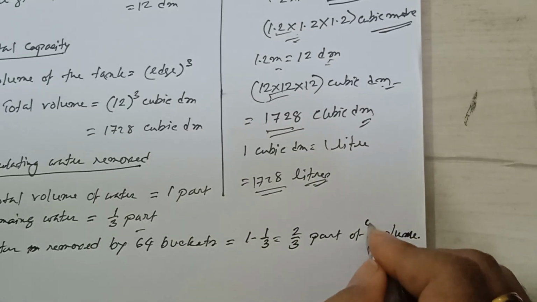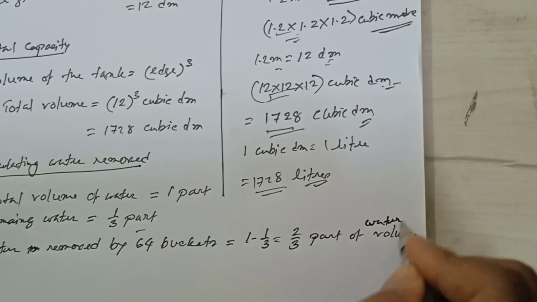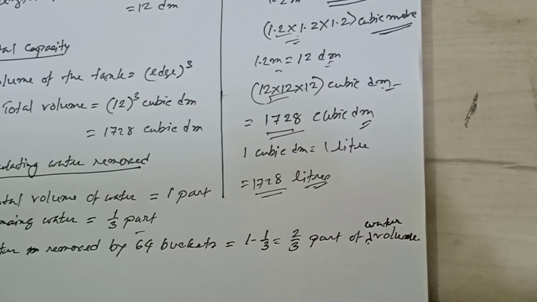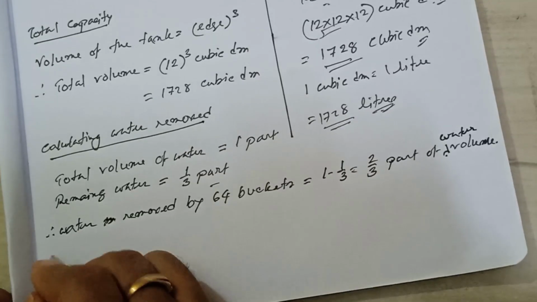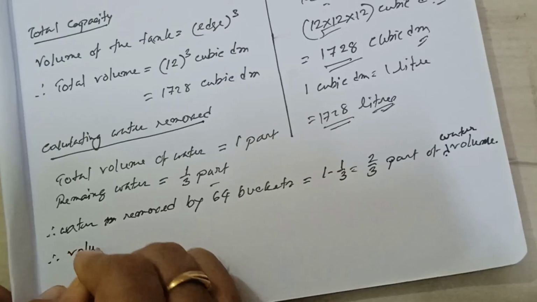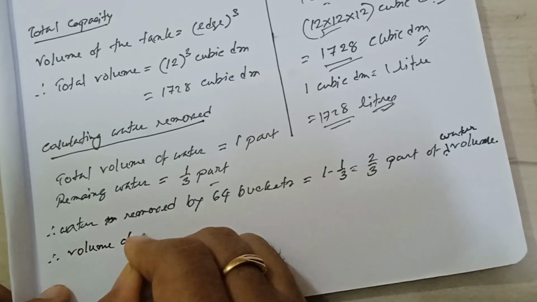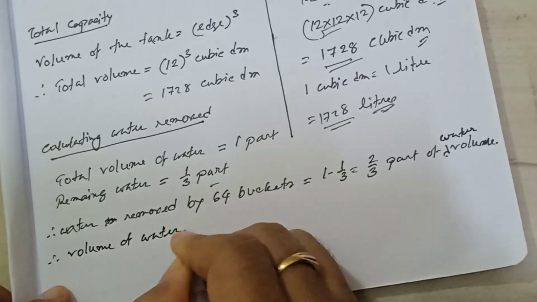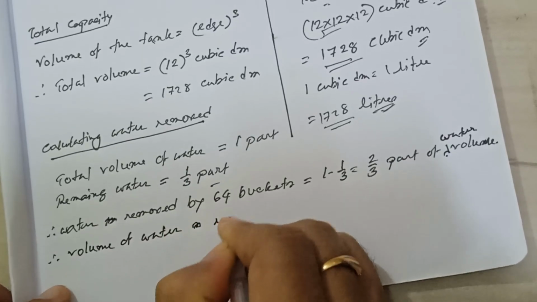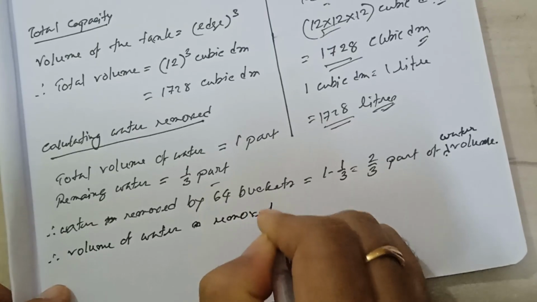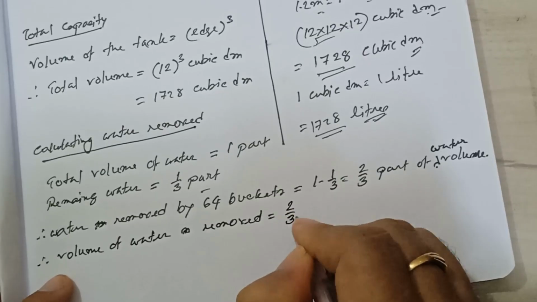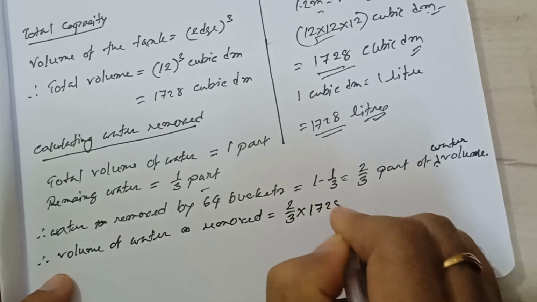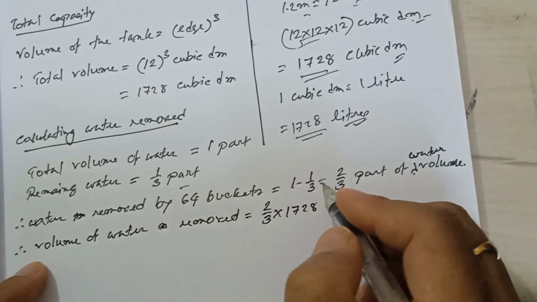Volume of water. Okay. Hence, the volume of water removed is 2 by 3 part of 1728 liters.